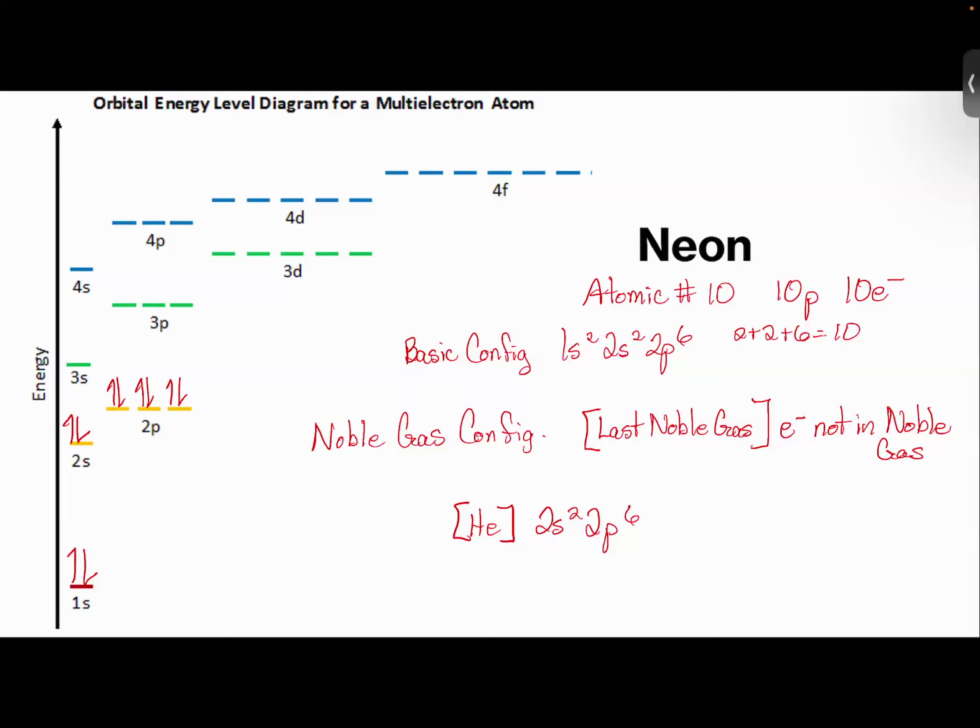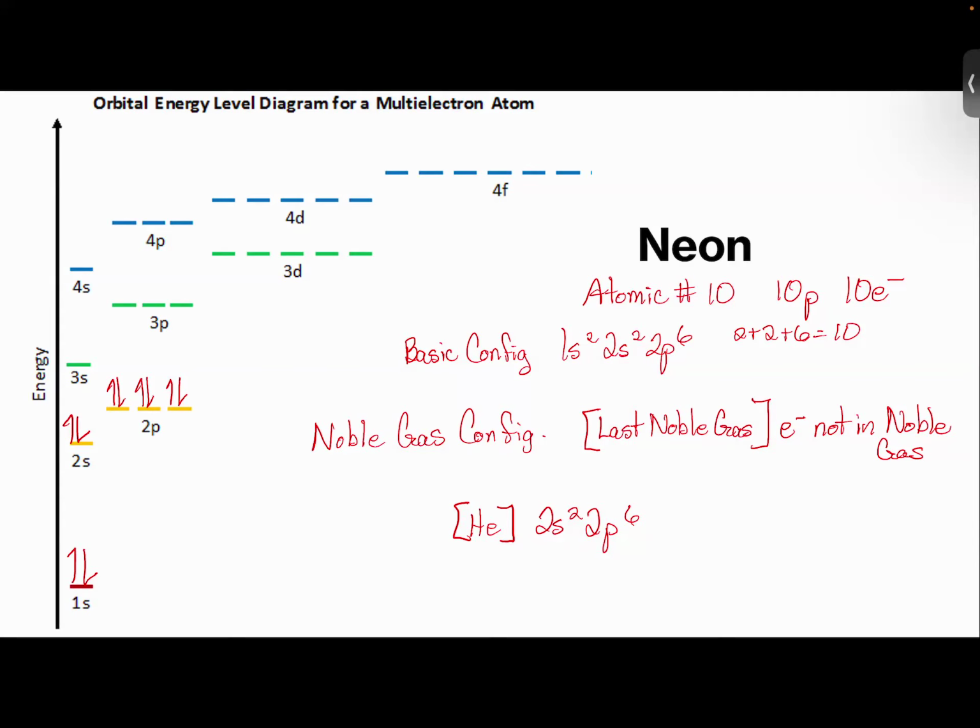Now you may go, okay, how do I know this? This is where understanding the periodic table arrangement is important. Because what you've done is you said, okay, I have everything helium has.